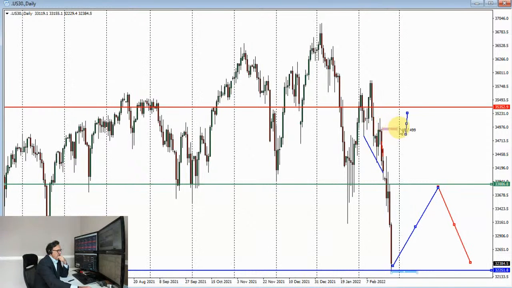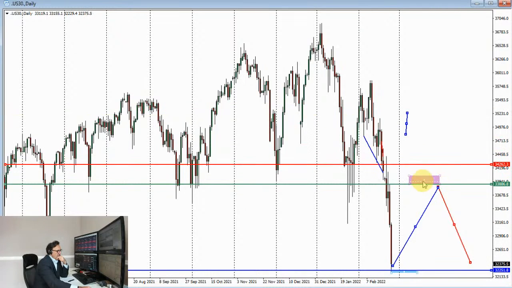Now I'm looking at this S&P and I'm thinking I should have held my position, and why did I keep my stop where it is and that kind of stuff.